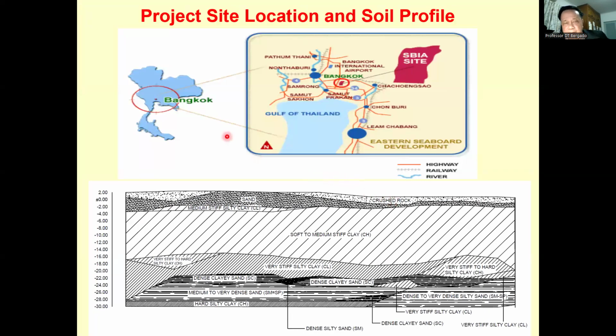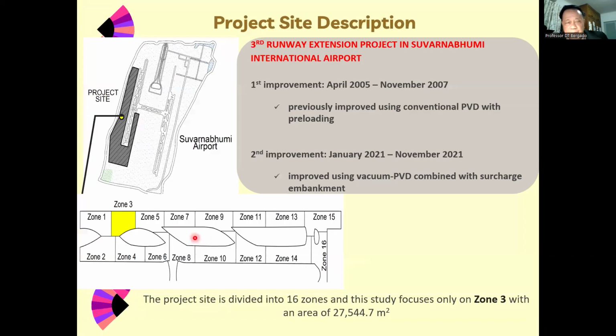Our project is around 30 kilometers southeast of Bangkok, at Suvarnabhumi Airport, Bangkok International Airport. The thickness of soft clay is from 3 meters to 16 meters. But we install the PBD only to 10 meters depth.